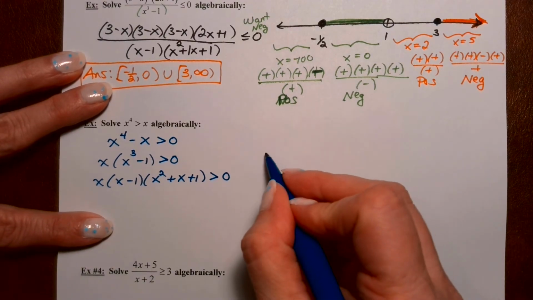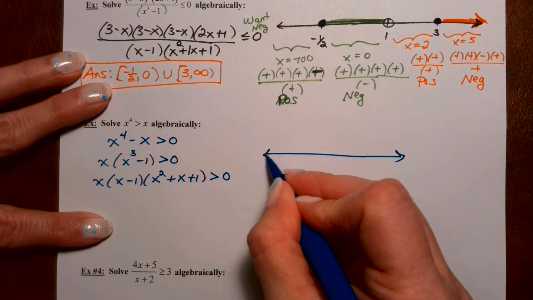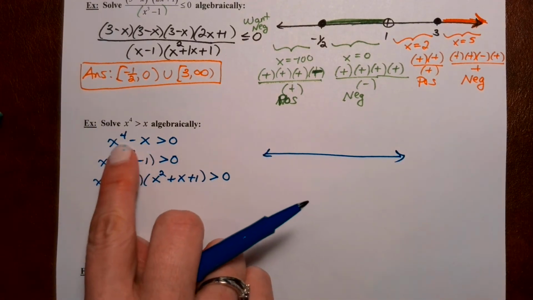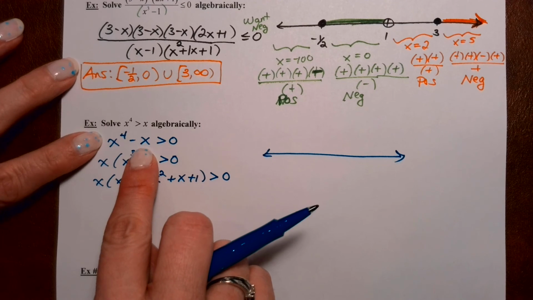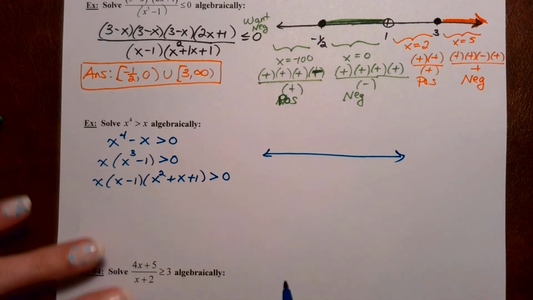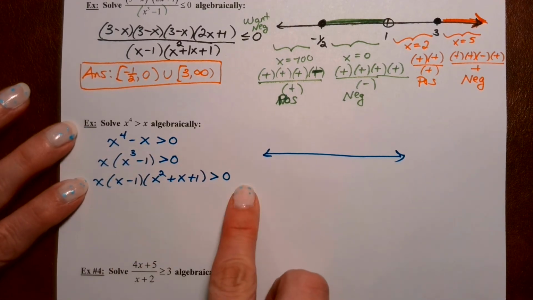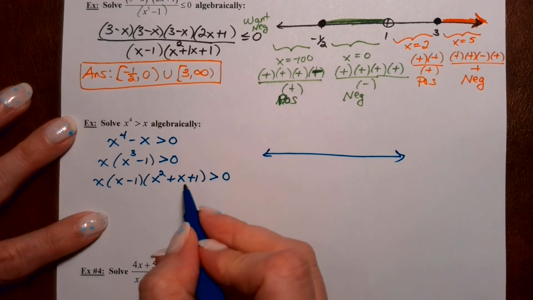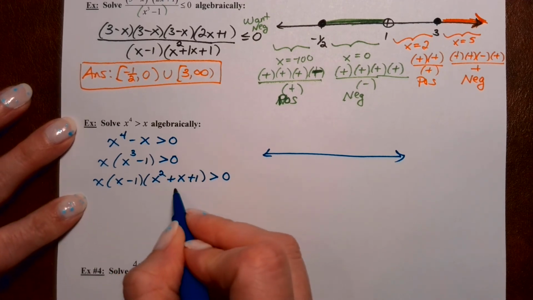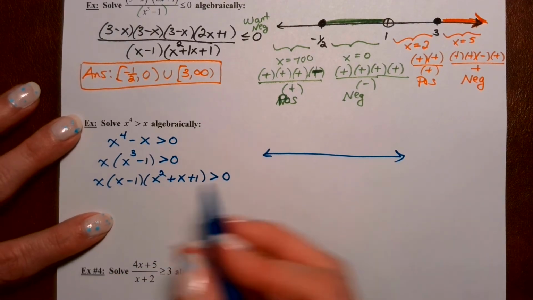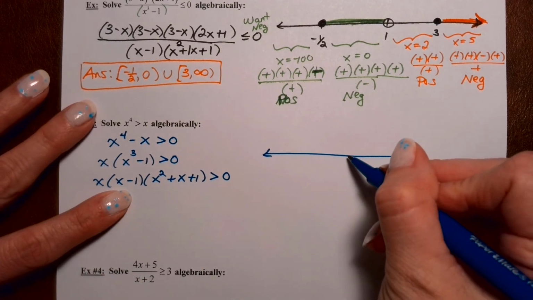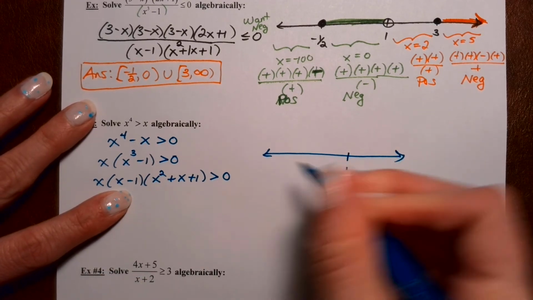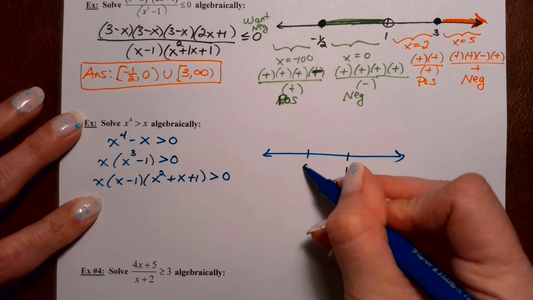Okay, the critical values from the number line. You can't look at a line that doesn't have factors. It has to be factored. Something times something makes 0. That's what makes it a critical value. This quantity right here, this quadratic, does not give us any. This one right here is going to give us positive 1, and this one's going to give us a 0.